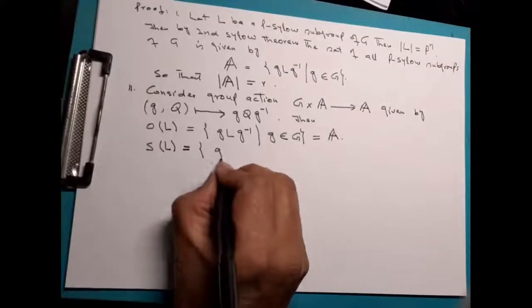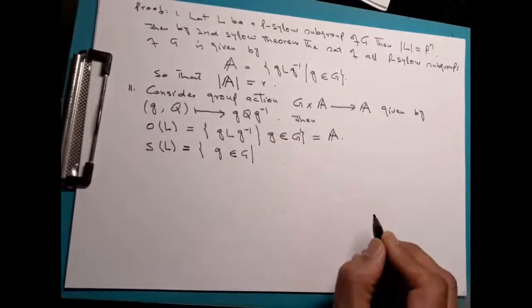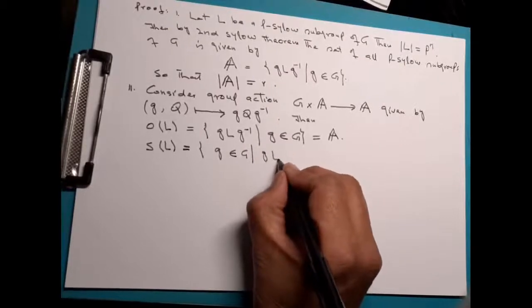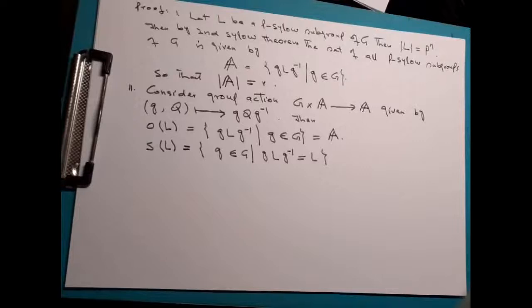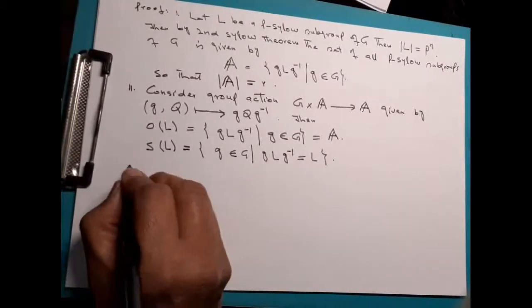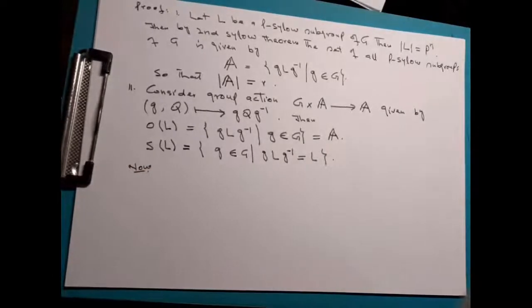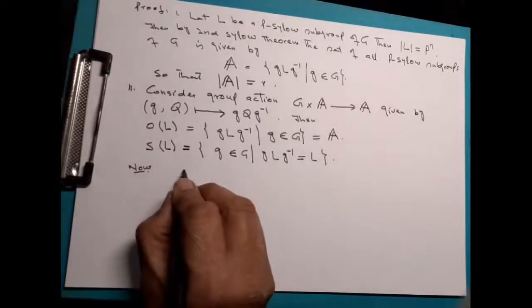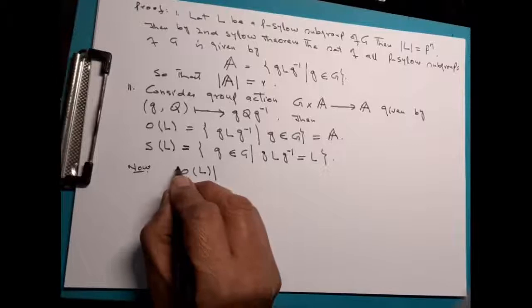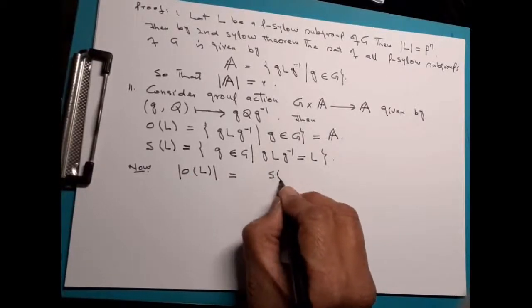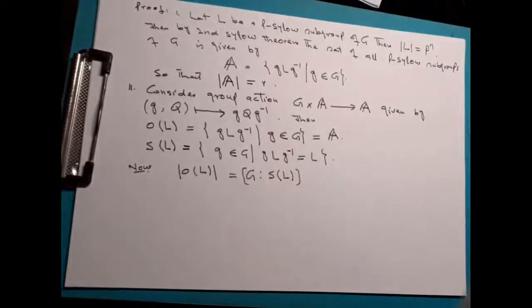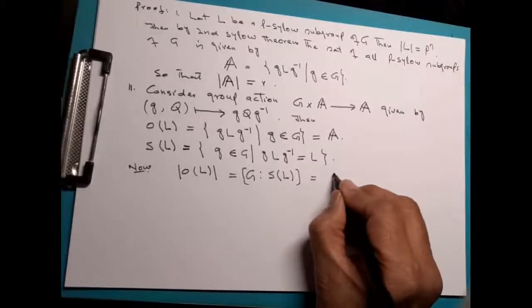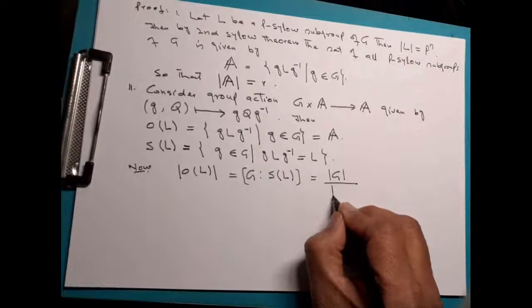So those elements g of the group G such that the action of these elements on L is equal to L. So this is the stabilizer of L, and we know that this is a subgroup of G. Now before proving the first Sylow theorem, we proved a result which says that the number of elements in the orbit is equal to the index of the stabilizer of L in G. So this is a result we already know very well, and by Lagrange's theorem, this is equal to the order of G divided by the order of the stabilizer.